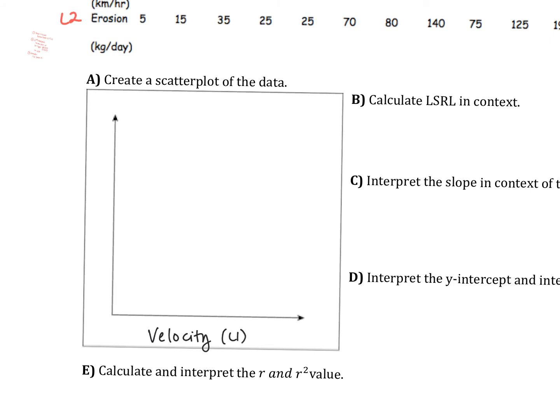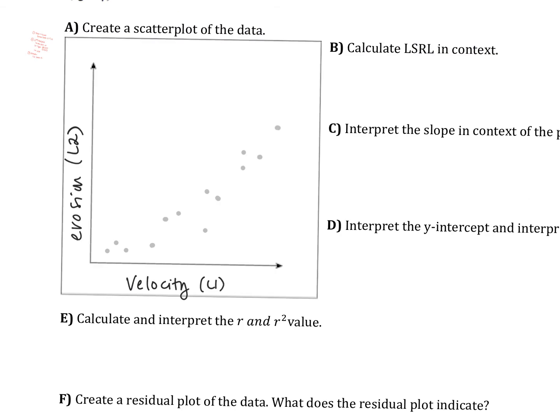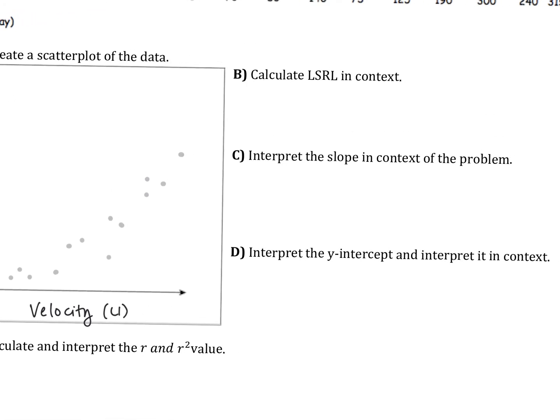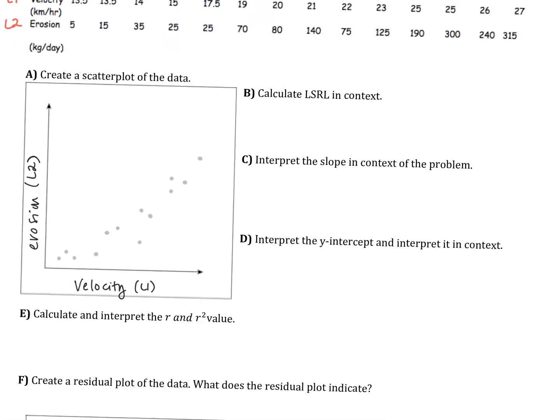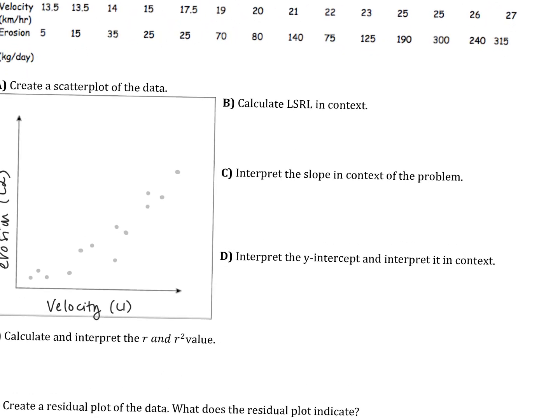This is erosion, which is list 2. And it should look something like this. Something like that, okay? Now we're going to calculate our least squares regression line. Okay, how do we do this? You're going to hit on your calculator.